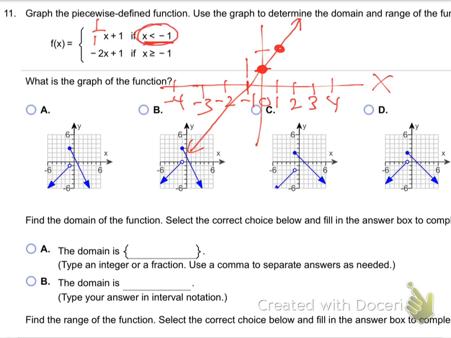Less than, left of, -1, right? Lesser things are to the left, greater things are to the right. Left of -1. So that means get rid of all this. And do I do an open dot there or a solid dot at the -1? Yeah, no solid bar, so open dot right there at -1.